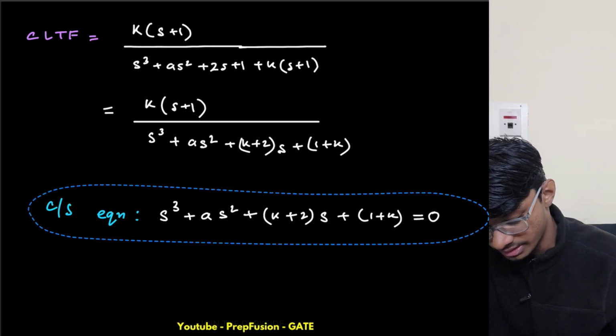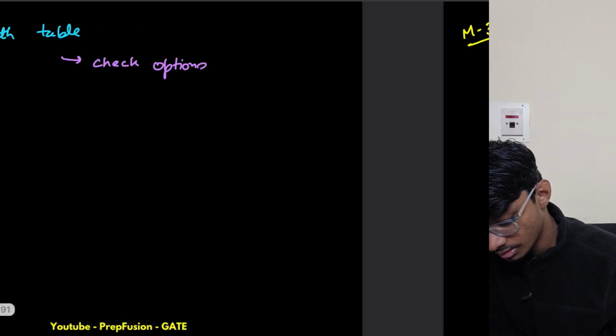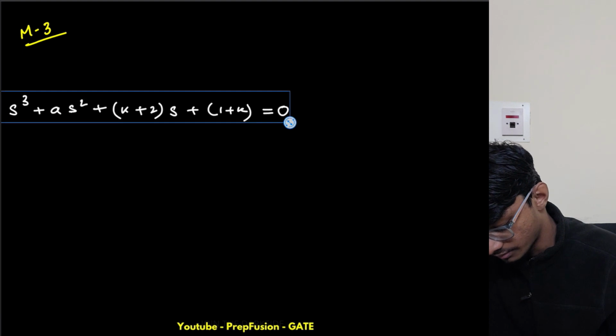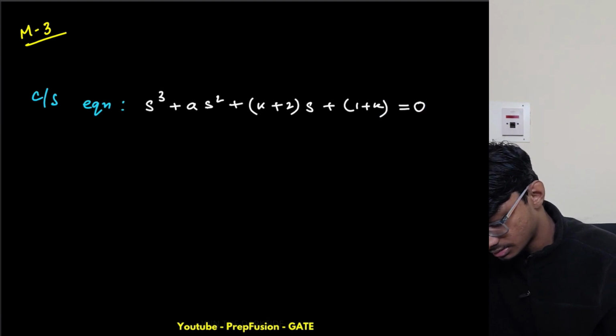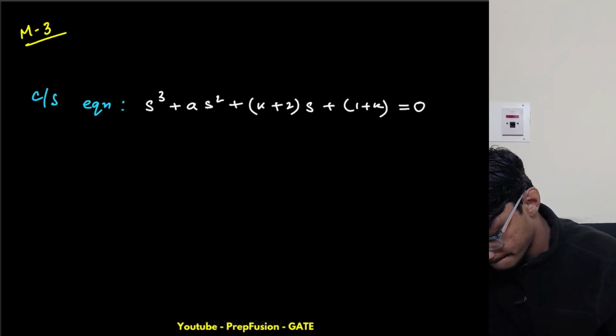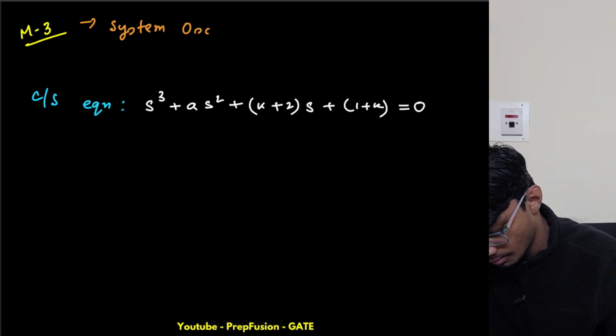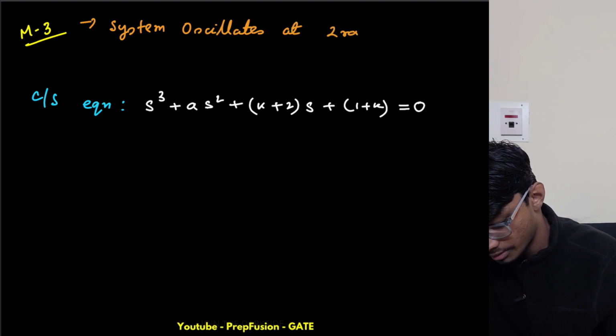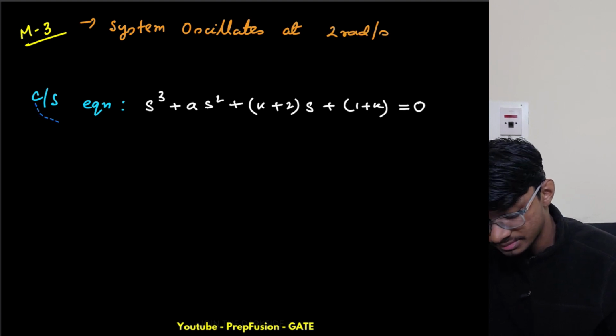So I will take the characteristic equation, and they have given us the information that my system oscillates at 2 radians per second. What does this mean?